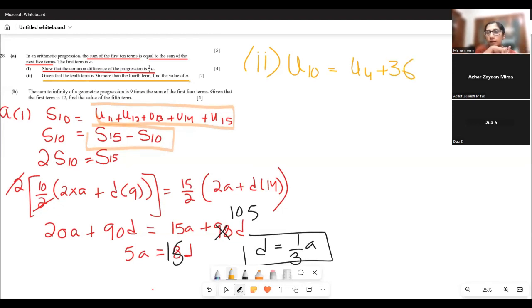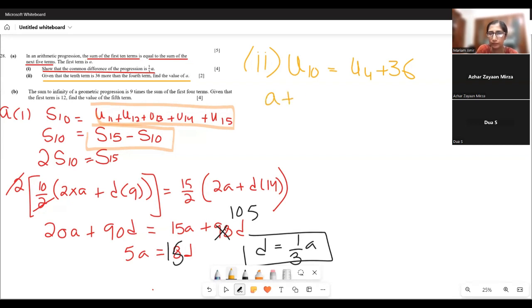अब 10th term का क्या फॉर्मूला होगा? 10th term का फॉर्मूला, सम ऑफ 10 terms का नहीं. ये AP है. A plus D into 10 minus 1, 9.